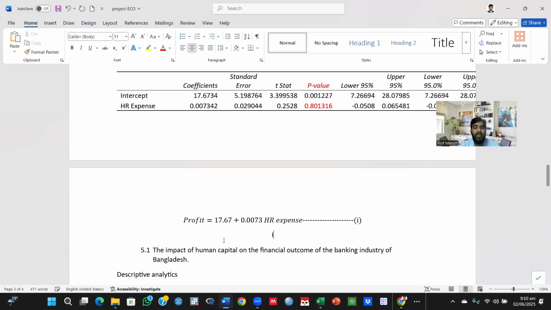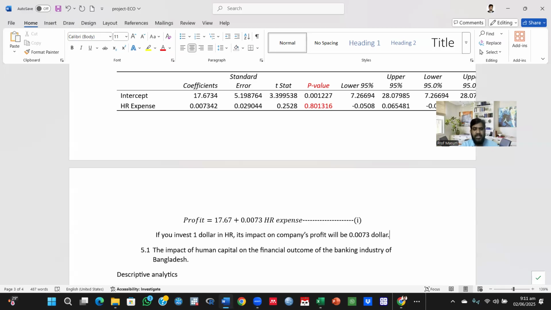For example, if you invest $1 in HR, its impact on the company's profit will be 0.0073 dollar.